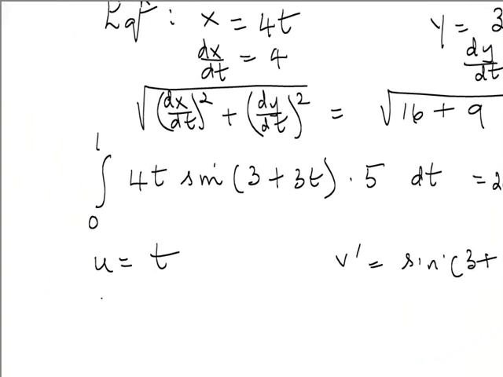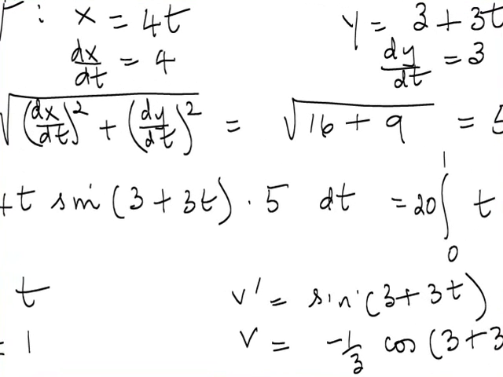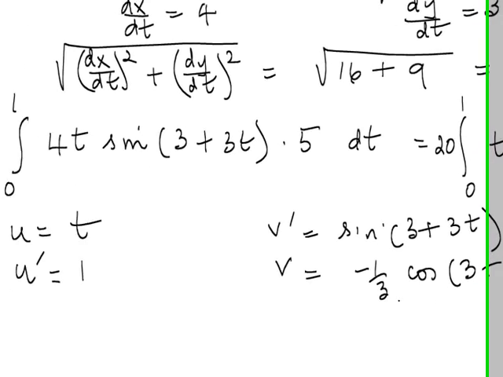Next step. What is u prime? 1. V. I need you to integrate sine of (3 plus 3t). What is that? Negative 1/3 cosine(3 plus 3t). Good. So you apply the basic rules of integration and divide by the coefficient of t, because what is in the parentheses is a linear function. Good. Let's bring them all together now.